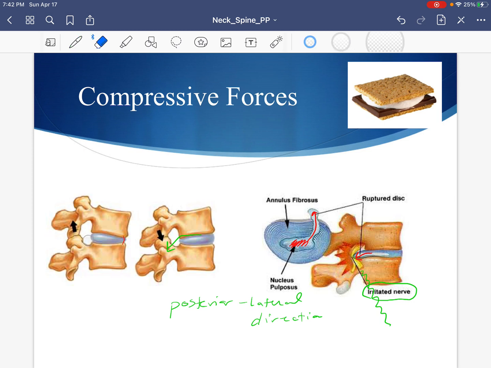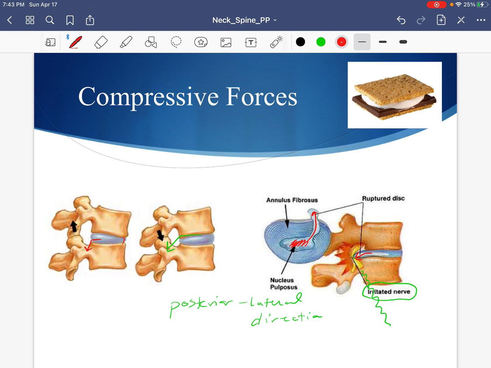So we got to think about the anatomy here. A disc bulge cannot go directly posterior because the spinal cord is in the way and the vertebrae are in the way. So it's going to start to go kind of posterior, but because the vertebral column's in the way, it's then going to come lateral, posterior lateral.